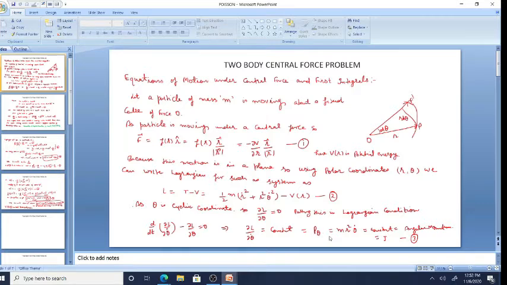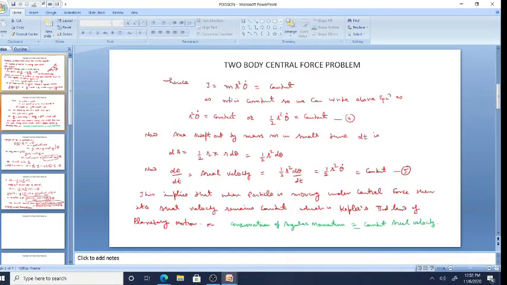So p theta is equal to m r square theta dot, and it is a constant, so we can represent it by J also. Let us say it is equation number 3.